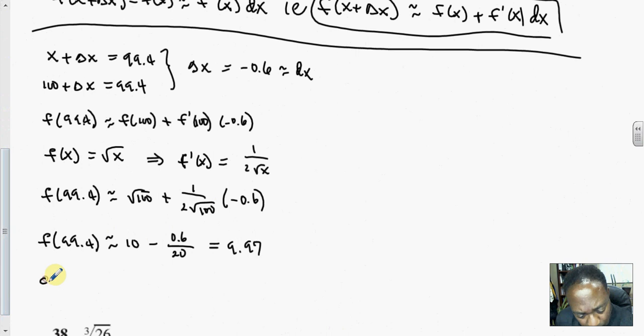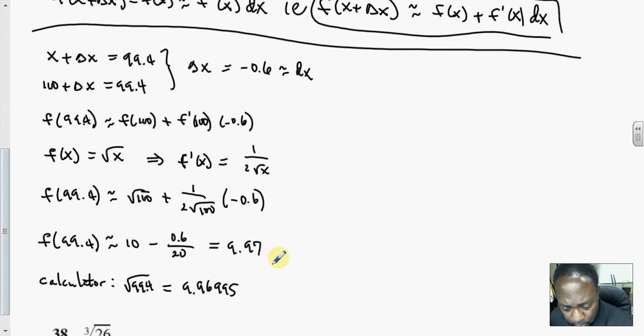Now on the calculator, you just plug in the square root of 99.4. The calculator gives you 9.96995.